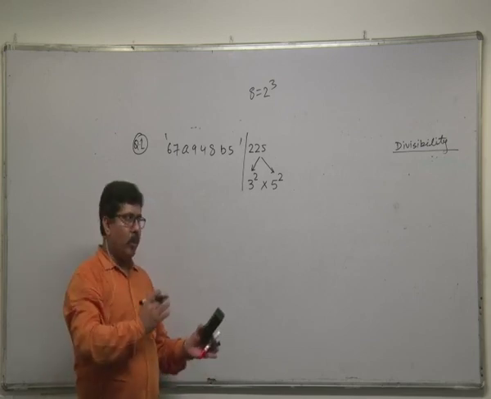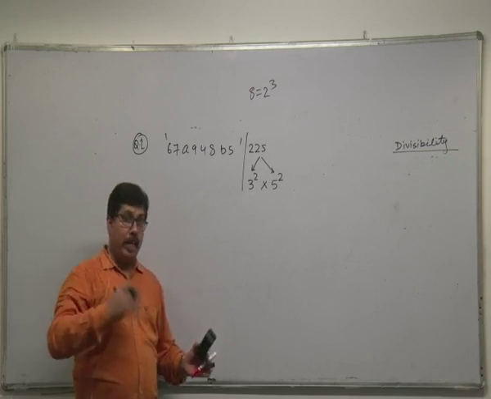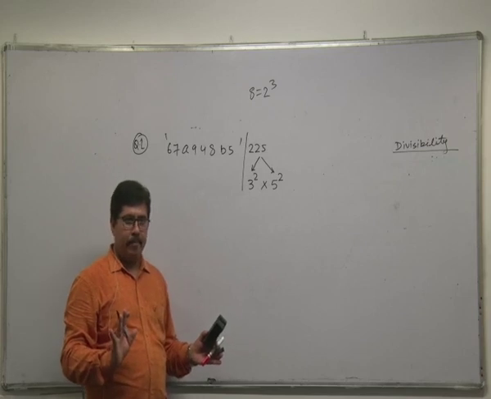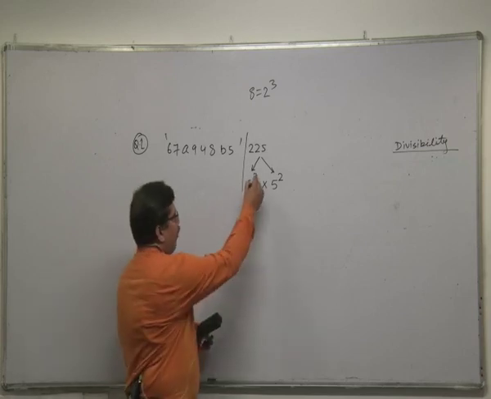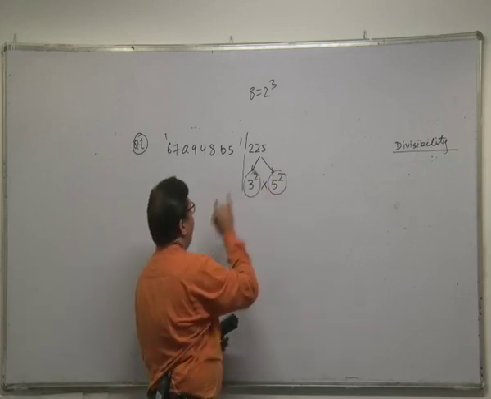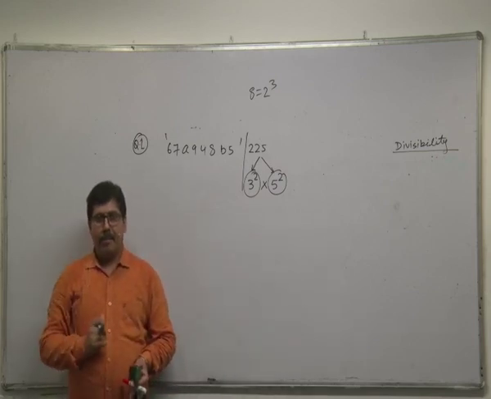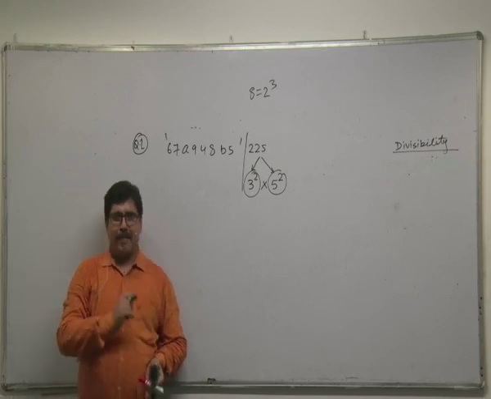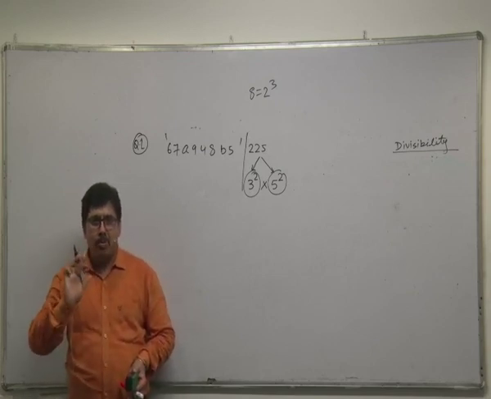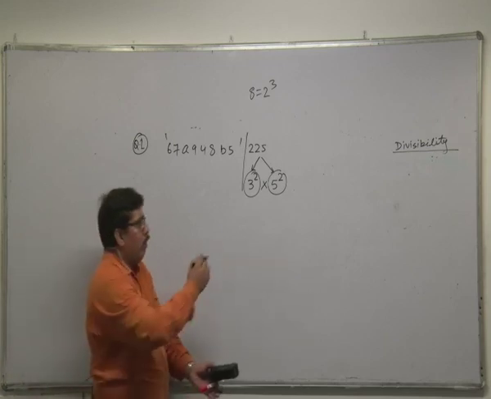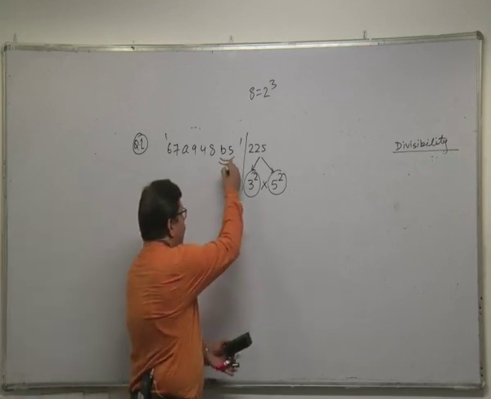Just focus upon the question and try to figure out what is given and what is required, instead of just jumping into the solution. 9 and 25. So, the first thing is, any number is a multiple of 25 if the last two digits are a multiple of 25. So, we will focus upon B and 5.